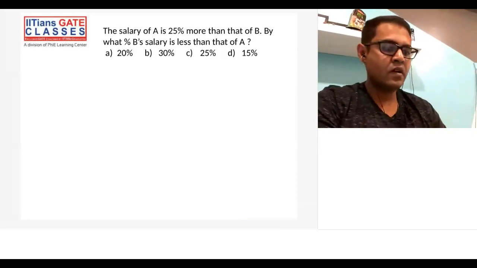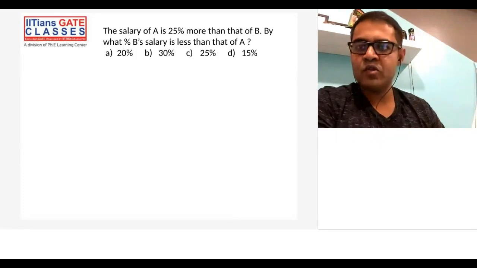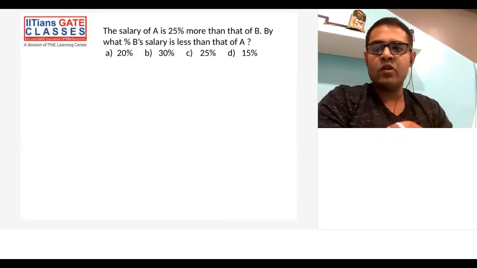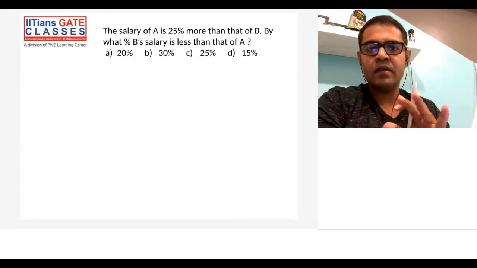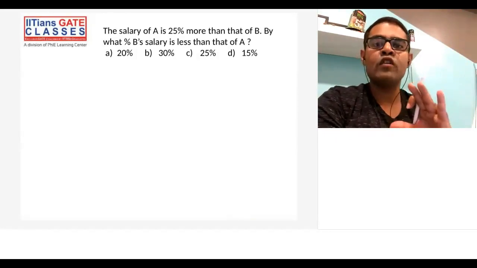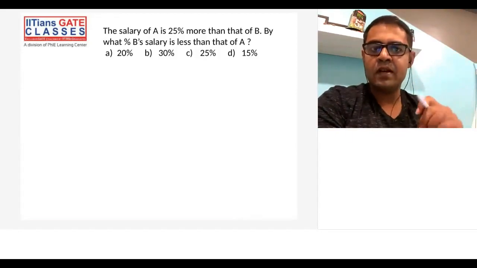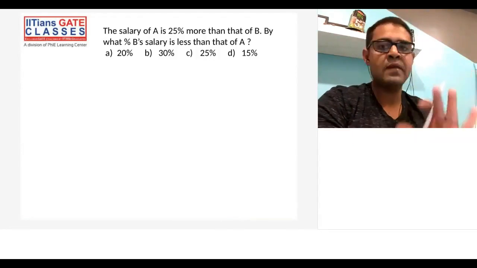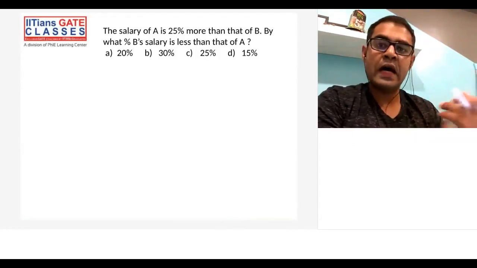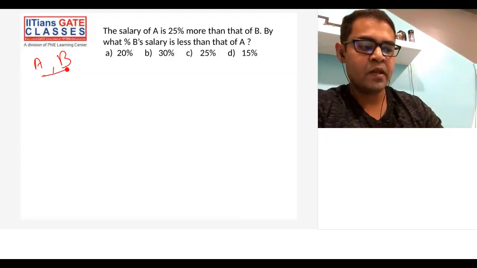So now this is saying A's salary is 25% more than that of B. I want to tell you one thing. In aptitude, the basic thing which will help you solve a greater number of different problems is that whatever statements are written, try to write their mathematical equation. That is one of the very basic things that I always follow. So let's say the salary of A is A and the salary of B is B. Simple.